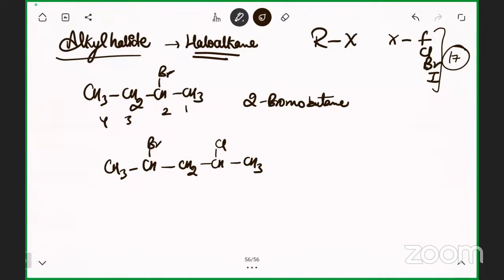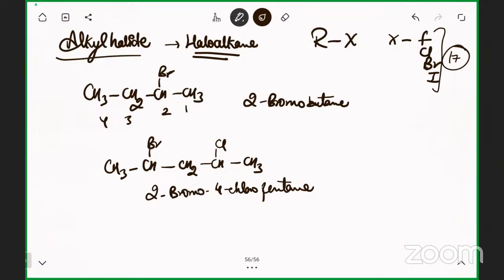Just go for it. 2 bromo, 4 chloro, pentane, sir. 5 carbon, then it will be pentane. Very nice. So it is 2 bromo, 4 chloro, pentane.